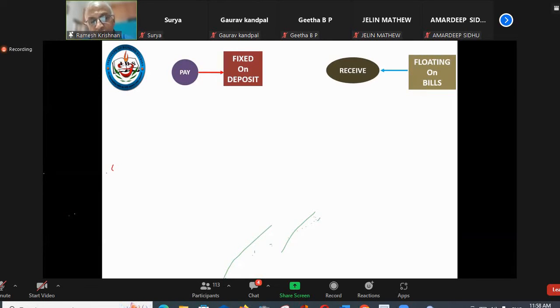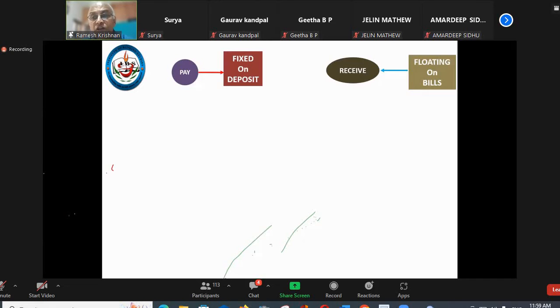and you receive floating, LIBOR plus something. Now LIBOR is not there, it is SOFR, the secured overnight financing rate. So you get a floating rate, SOFR plus some percentage. So that is floating. Now this is your problem. Your payment is fixed, while your receiving is floating.